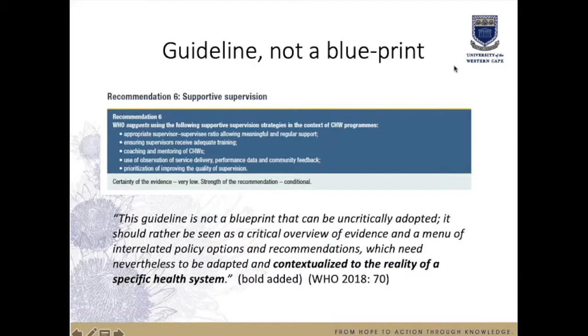It lists there 5 key recommendations for the development of the supportive supervision function in CHW programs, the first of which is defining appropriate supervisory ratios to allow meaningful and regular support. It goes on to look at questions of mentoring and coaching.